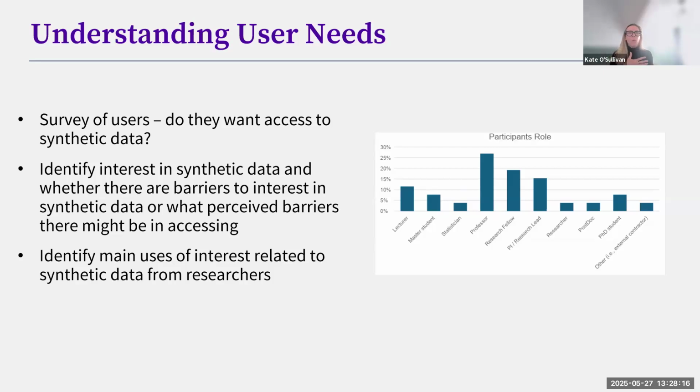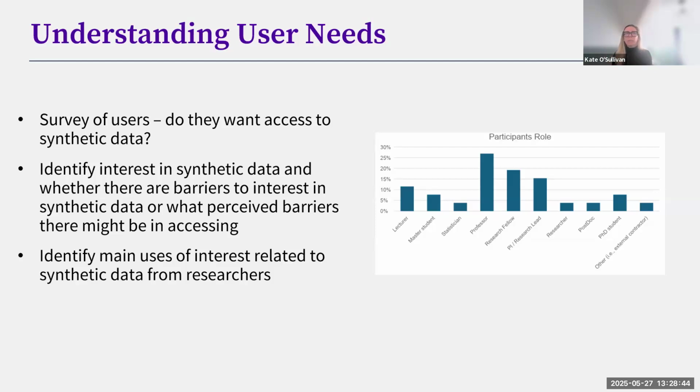So we did a survey of users across the Safe Haven. We prepared a survey that was sent to all of the researchers actively using Safe Havens to identify interest in synthetic data and whether there are barriers in place that are actually preventing researchers from engaging with synthetic data, and also perceived barriers.